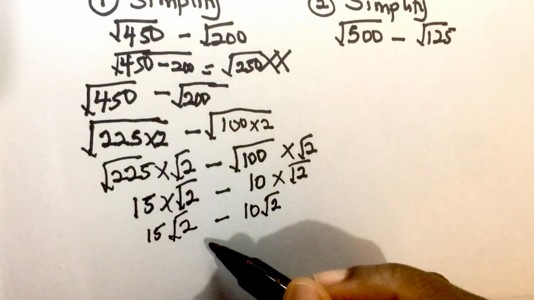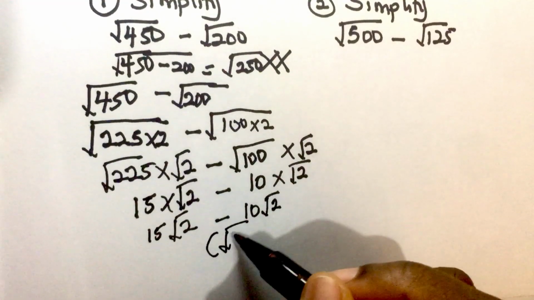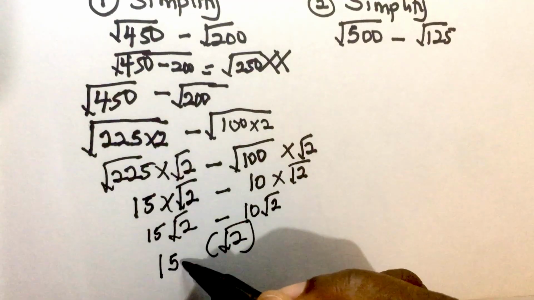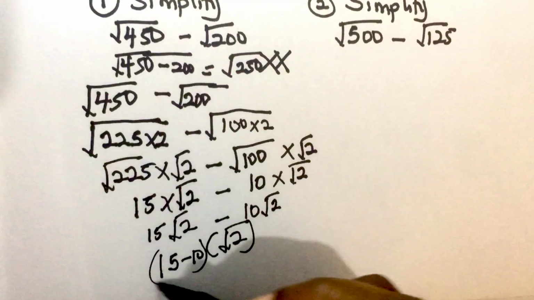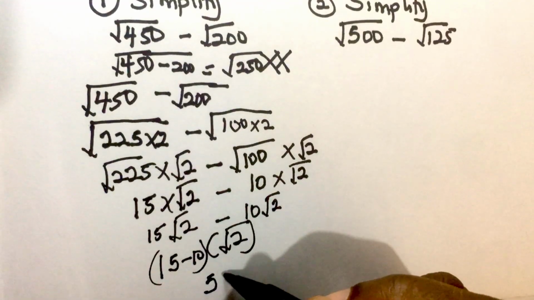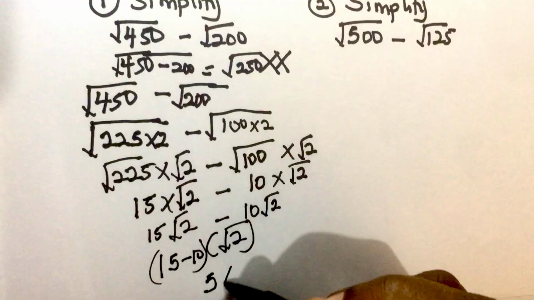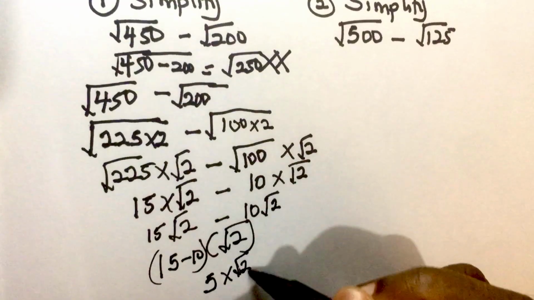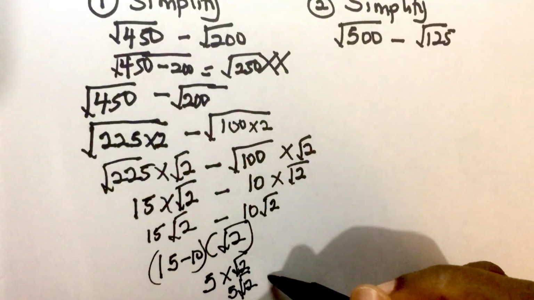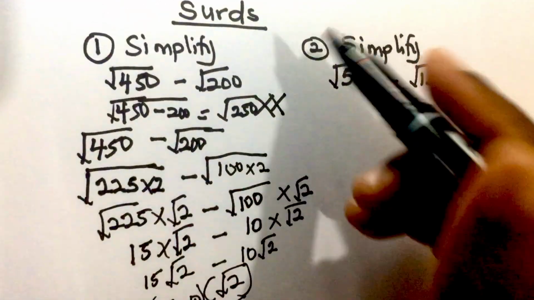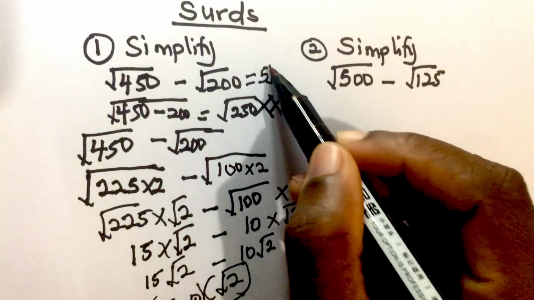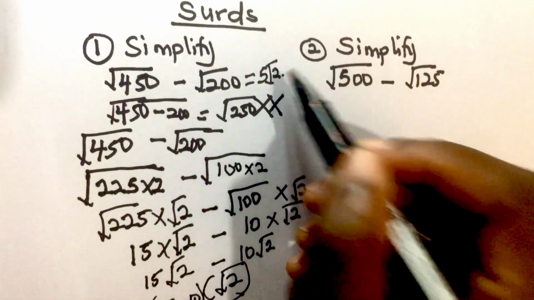They all have the root 2, so we maintain the root 2 in the bracket, and 15 minus 10 is out. 15 minus 10 is 5 times root 2. That is 5 root 2. So that's the correct answer. So this is equal to 5 root 2.